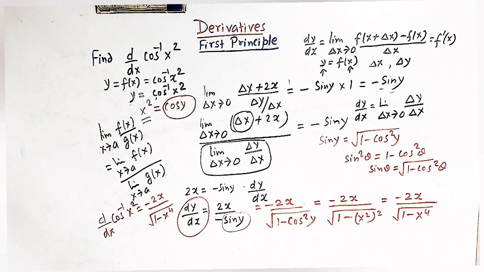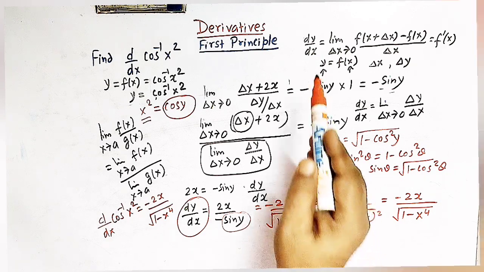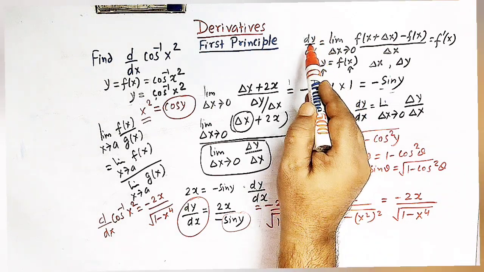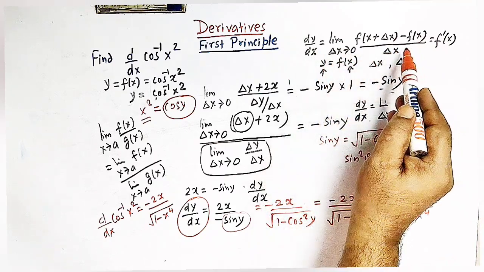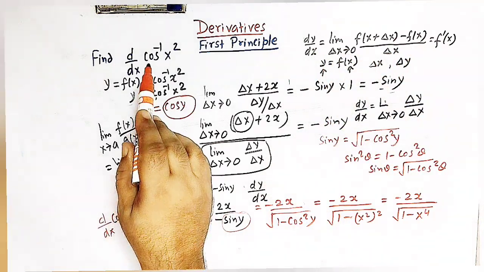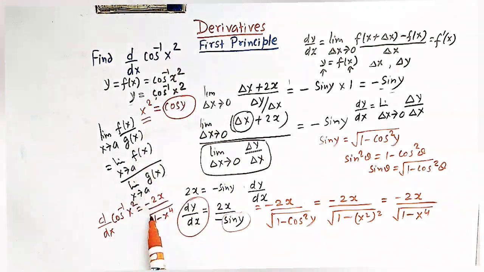So this is how we find it by making use of the concept of first principle. First principle means the definition of a derivative of a function. So dy by dx is given by this limit, right? And the derivative of cos inverse x square is minus 2x divided by square root of 1 minus x raised to 4.